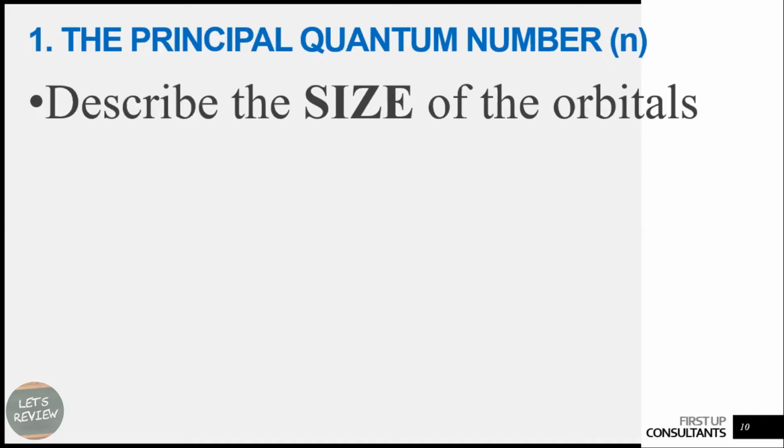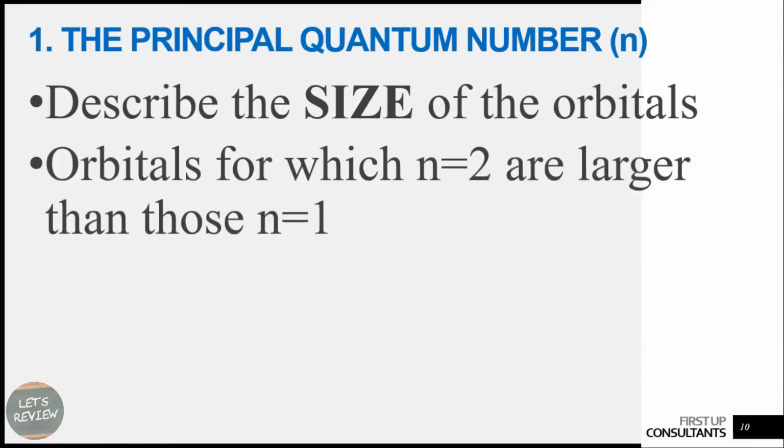So the size of the orbital is quite small because it's near the nucleus. Unlike the fourth and the fifth that can hold up to 50 electrons, the size of its orbital is really big or large because it's already far from the nucleus of the atom.